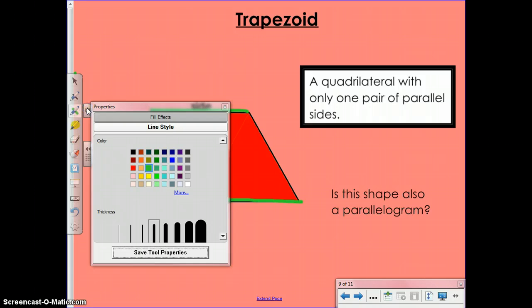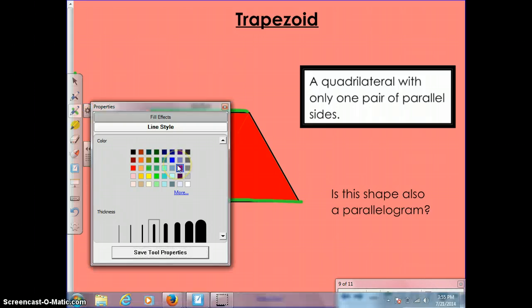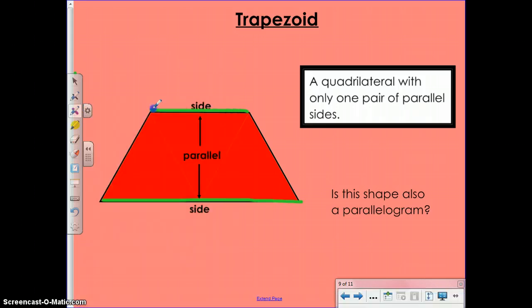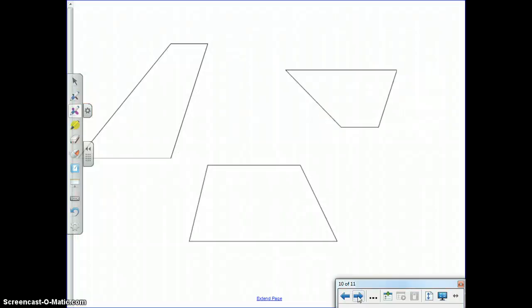However, when you look at these two lines, this line here and this line here, they are not parallel. If they kept going up like this, they would eventually intersect, right? Okay? So it has one set of parallel sides, which makes it a trapezoid. Take a look at some more of these trapezoids that we have. Here's another version over here.